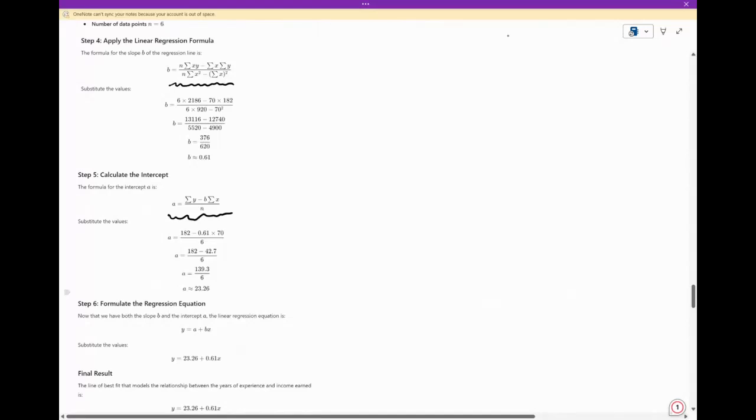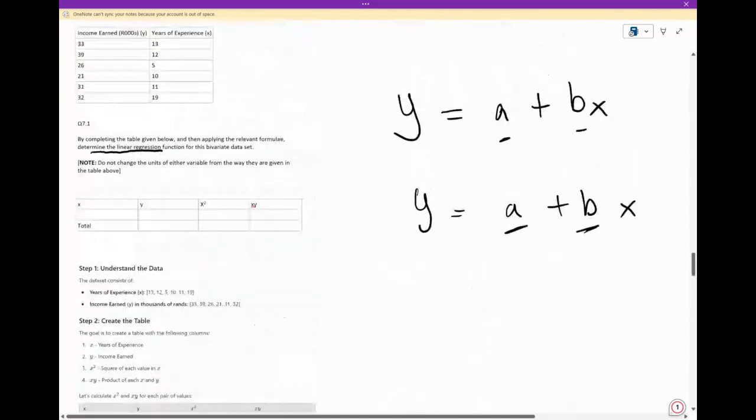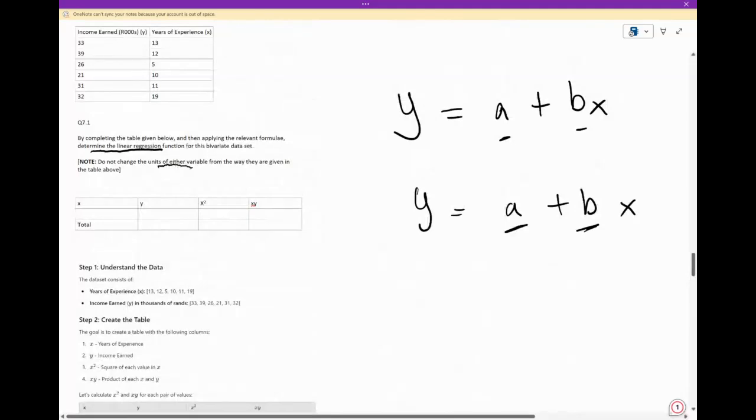So we know I need to get the totals on my XY, on my X, and also on my Y variable. Am I missing one? It should be an X squared as well. Yes, X squared. I see it here. And here they even gave you a hint. They say, do not change the units of either variable from the way they are given in the table above. So you're going to be using this. Can you see? And they even said totals here.